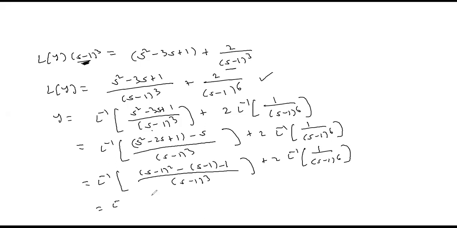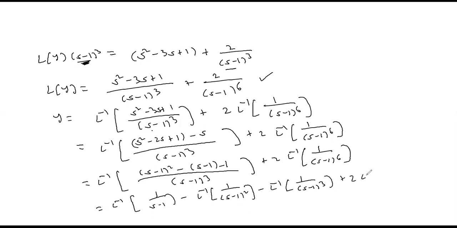L inverse of 1 by s minus 1, minus L inverse of 1 by s minus 1 whole square, minus L inverse of 1 by s minus 1 whole cube, plus 2 times L inverse of 1 by s minus 1 whole power 6.